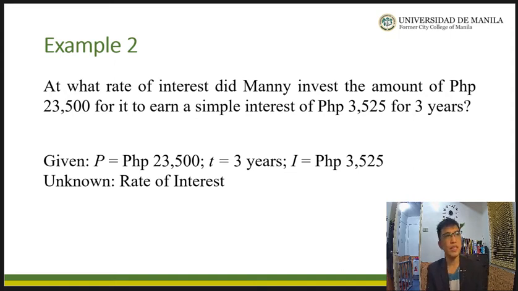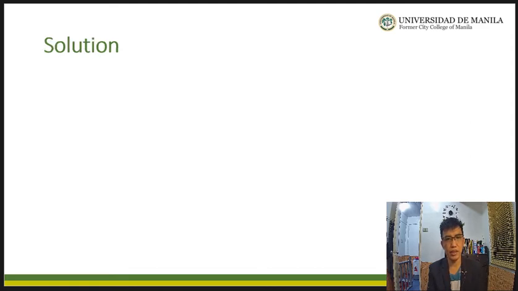Okay? So basically, we know that the formula for the interest is I is equal to P times R times T, or the principal times rate times time. But this time, since the rate of interest is unknown, then we are to derive a formula out of our original formula, which is I = PRT.